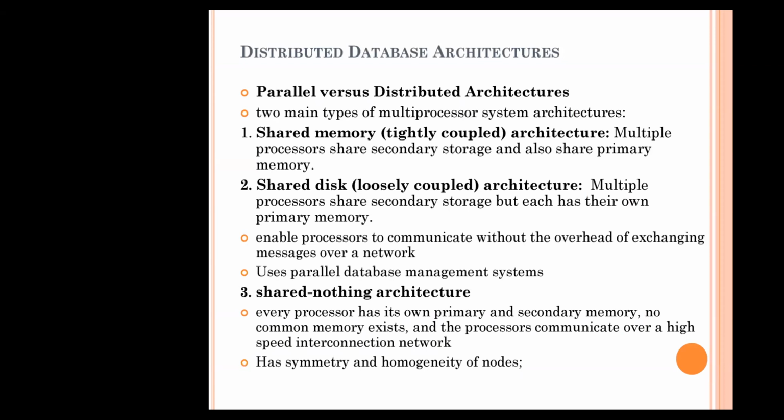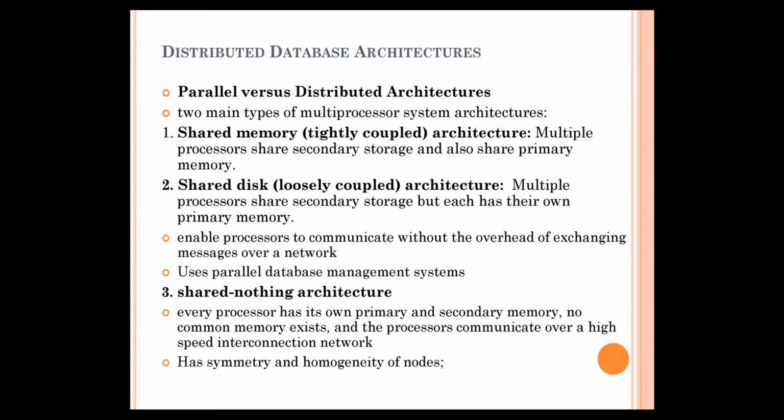So in the distributed environment, we can go for parallel processing as well as multiprocessing. With shared memory, tightly coupled, the memory of one site can be used by other sites, and tightly coupled means the nodes have their own memory or server. In that case, it is tightly associated with the schema and the logic design of the particular site alone. It is totally dependent on the particular shared memory.